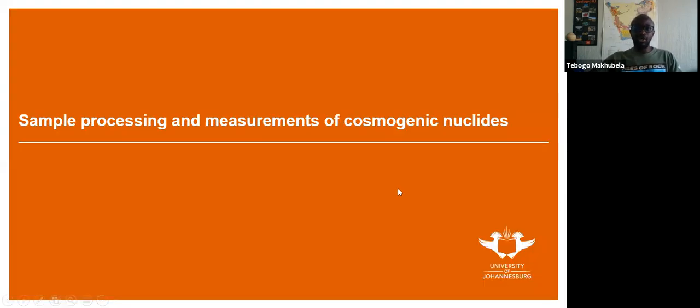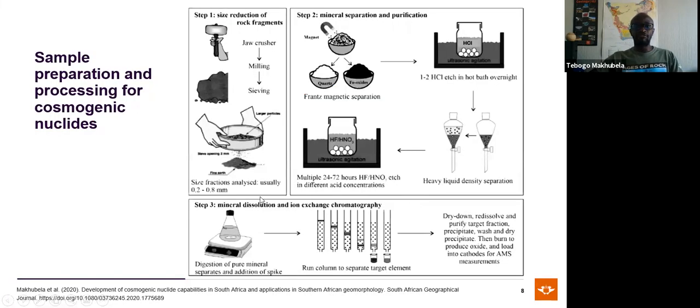Okay, so now I want to talk a bit about the sample processing and measurements of cosmogenic nuclides from a South African perspective. But generally, sample preparation and processing for cosmogenic nuclides starts similarly to other geologic processes, whereby you want to crush, knead, and sieve your rock or sediments, and then you want a fraction. Commonly, that's about 0.2 to 0.8 millimeters.